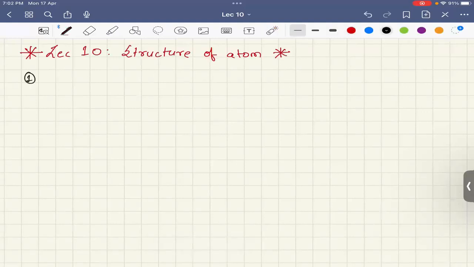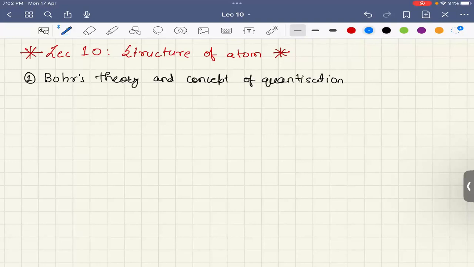Structure of atom. First topic is Bohr's theory and the concept of quantization. A noticeable achievement of Bohr's theory of structure of atom was that it could predict the values of energies which an electron can have while revolving around the nucleus of the hydrogen atom.